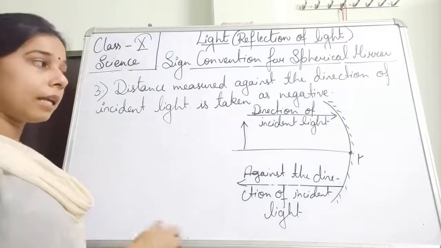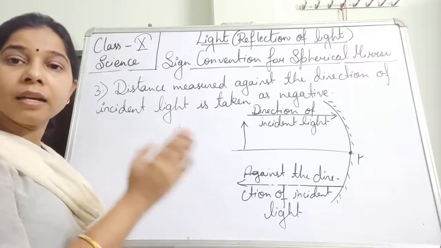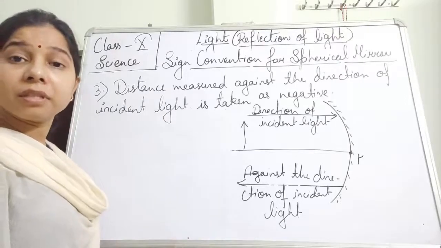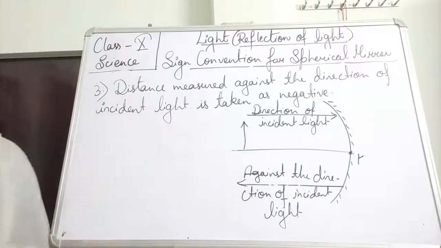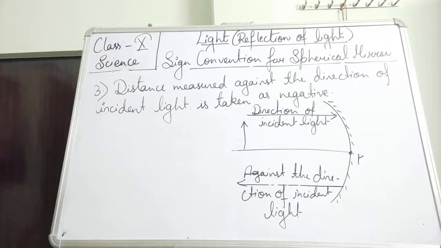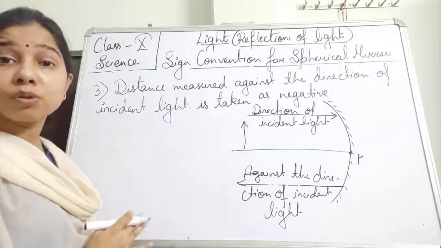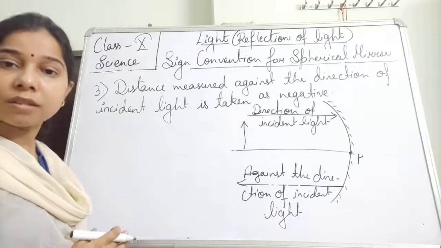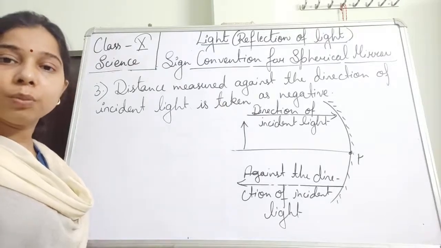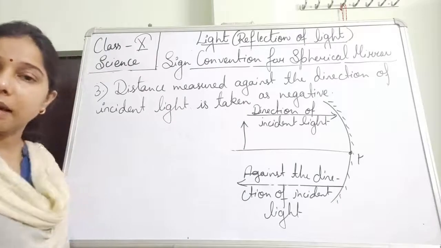If it is taken in the direction of the incident light, it is taken as positive. If it is taken against, then it is taken as negative. Next, distance measured upward perpendicular to the principal axis is taken as positive. And the distance measured downward perpendicular to the principal axis is taken as negative.